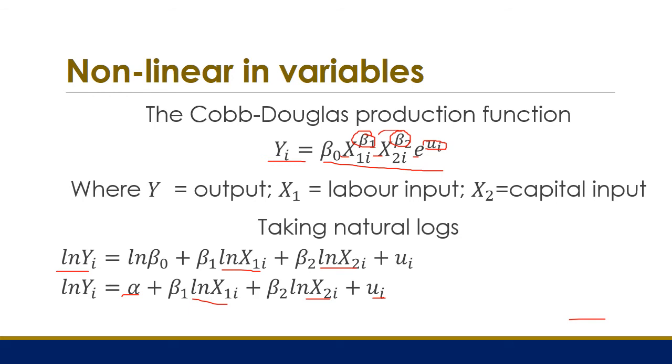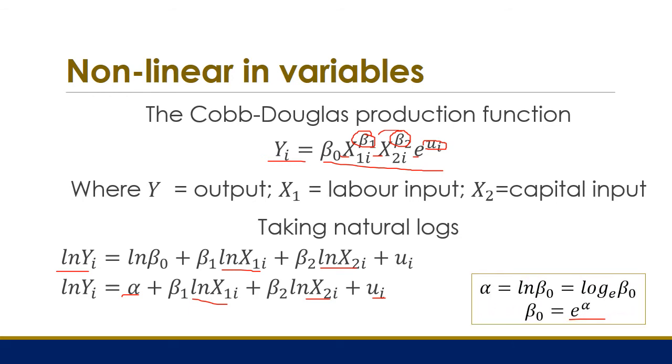This gives us the log linear model where alpha is equal to ln beta naught, and we can compute beta naught from alpha by taking beta naught to be equal to e raised to alpha. This is known as the double log model.